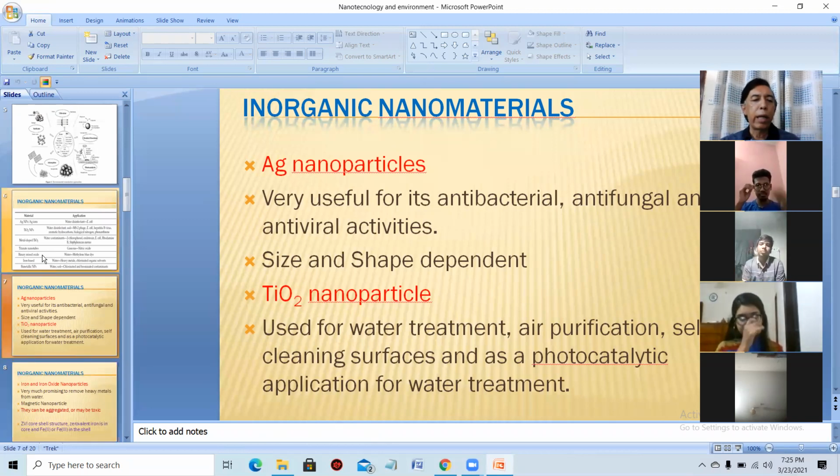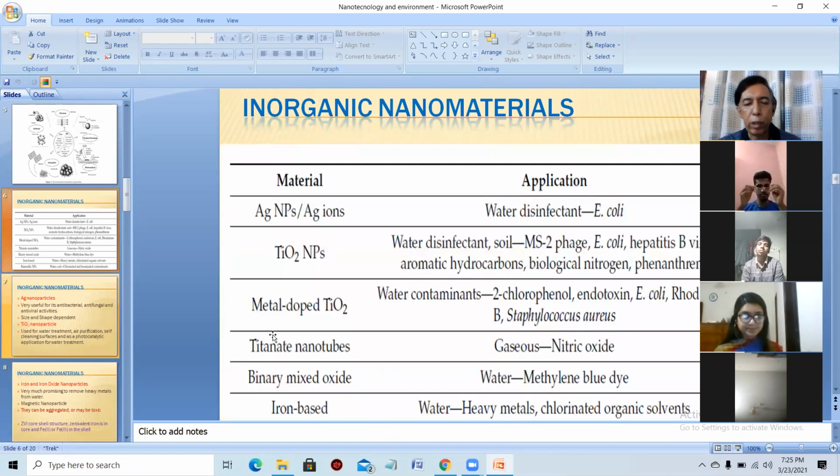There are other types of titanium oxide nanoparticle which are used for the treatment of water and different bacteria. They are metal doped titanium oxide nanoparticles. For example, manganese doped titanium oxide nanoparticle is generally used to purify water from the 2-chlorophenol contaminant.